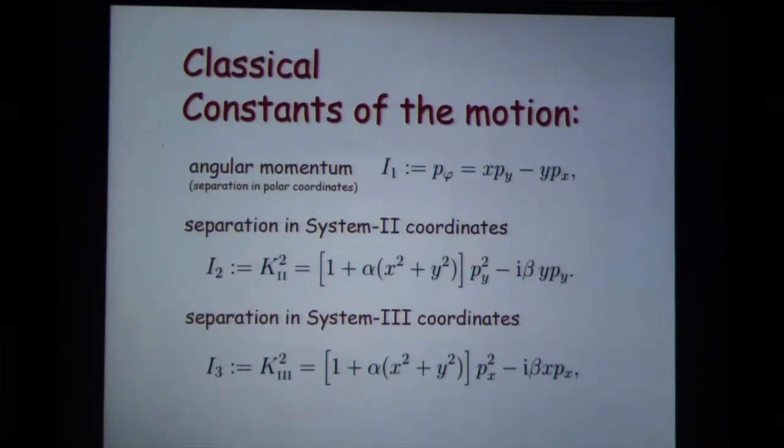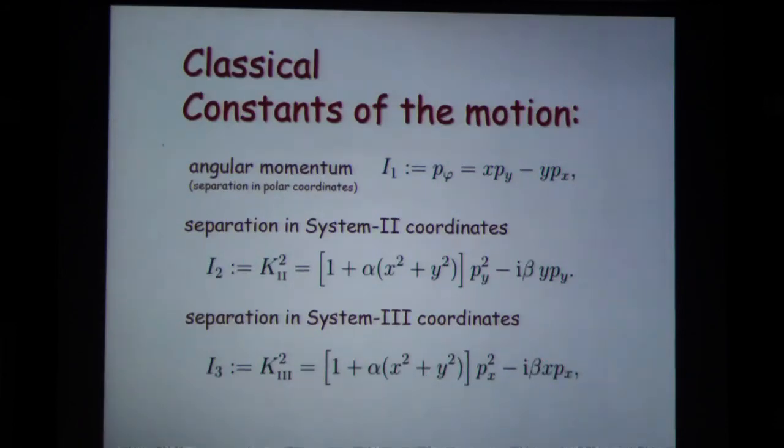Now, there are some things which come up. They're constants of the motion. The usual constant of the motion is angular momentum. But separation in system 2 produces this constant of the motion. And separation system 3 produces this other constant of the motion, which depends just on the exchange of x, y.